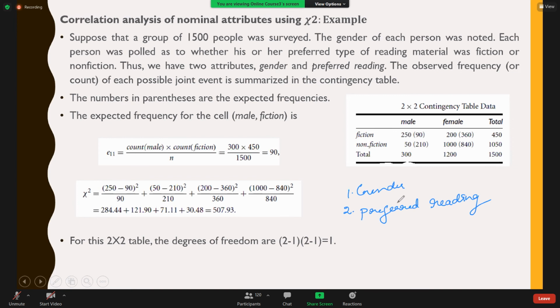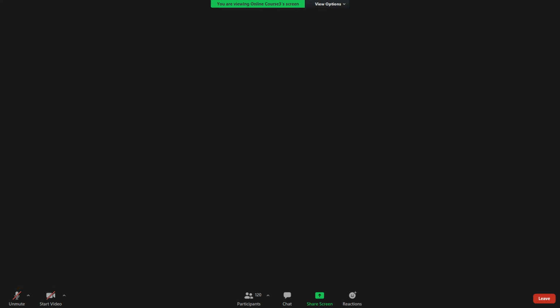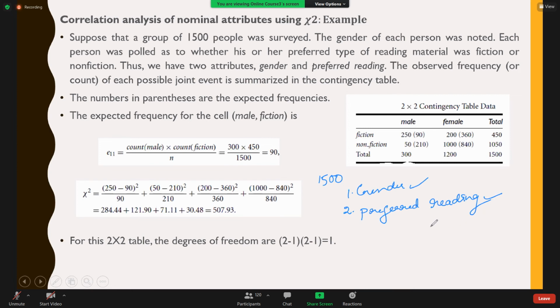Now a survey is conducted among 1500 people and everyone is asked for their gender as well as their preferred reading of books, whether they are interested in fiction or non-fiction. These two are nominal values. Preferred reading is a nominal attribute, non-numerical values. And gender is also nominal data, female and male, non-numerical values.